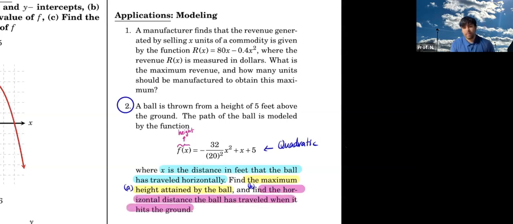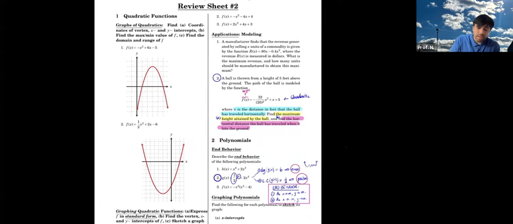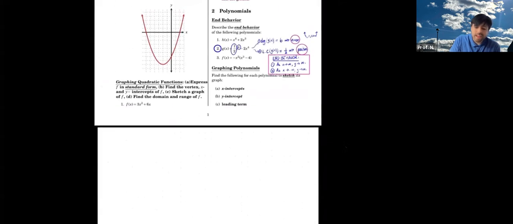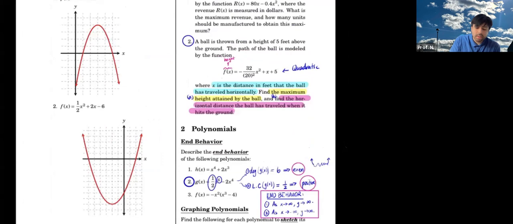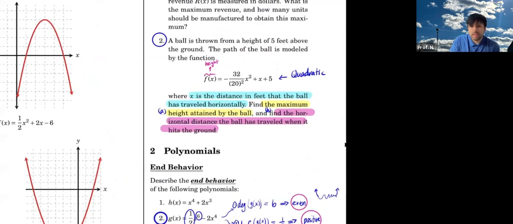All right. So this has to deal with, like we just discussed, quadratics. It's a quadratic function. And if you notice, the a value is kind of quirky, as 32 over 20 squared. You can take 20 and square it, you get 400, and you can further simplify that.